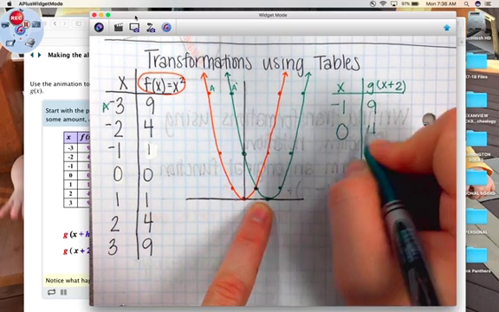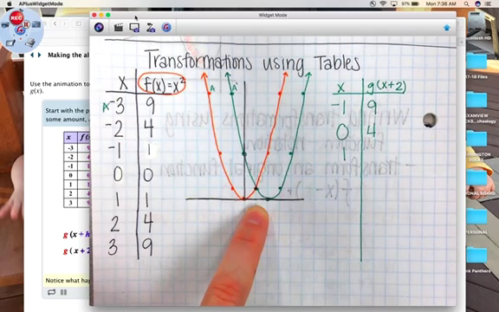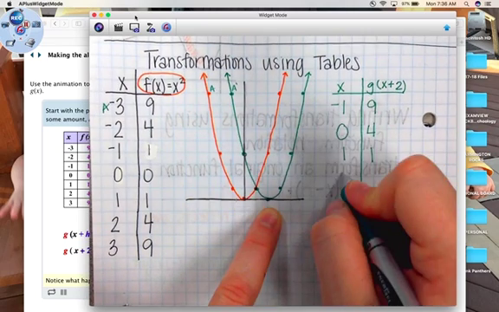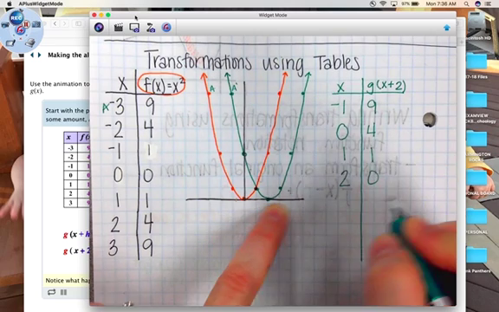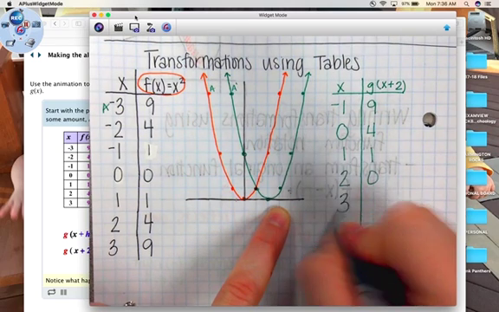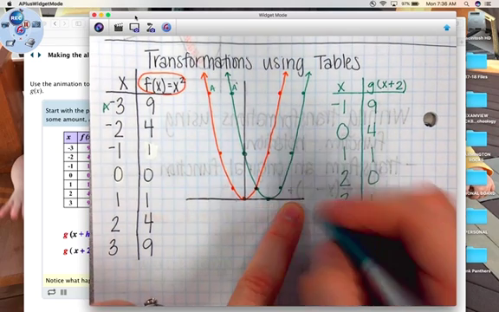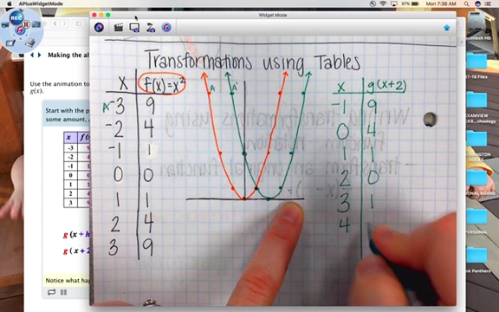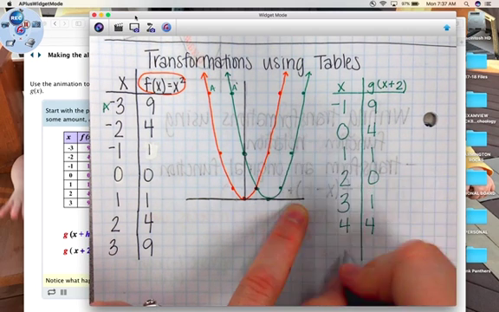This point is positive 1, 1. This point is 2, 0. This point is 3, 1. This is 4, 4, and then 5, 9.